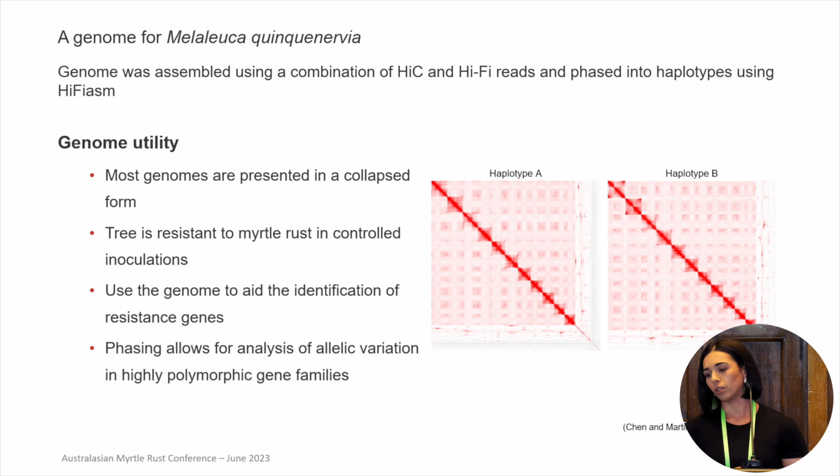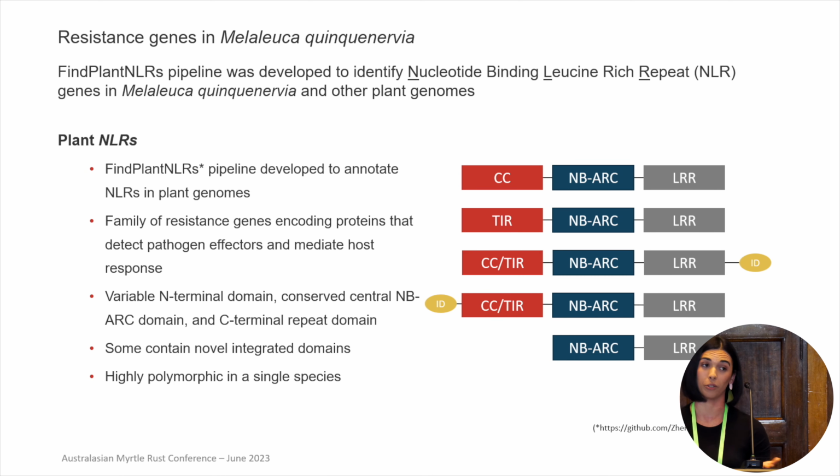It's really important for our work with the resistance genes, because some of these are highly variable in plant species and also within a single species. So by phasing these two genomes out, it gives us a better idea of the variability that exists within a single host.